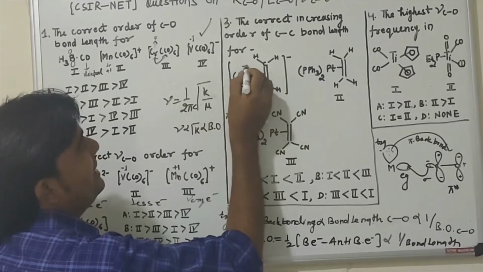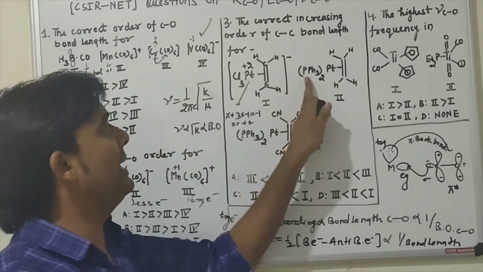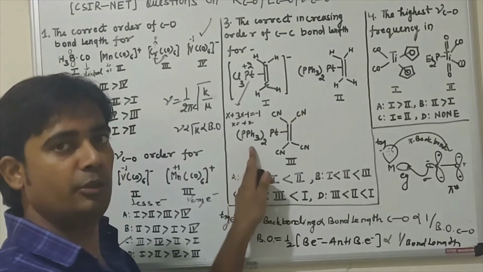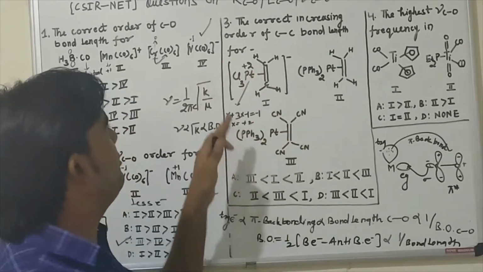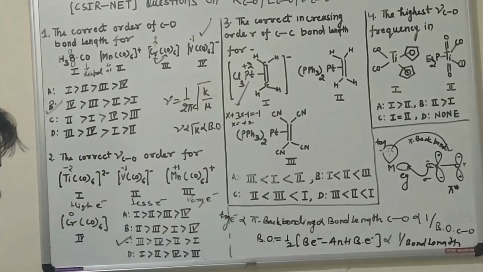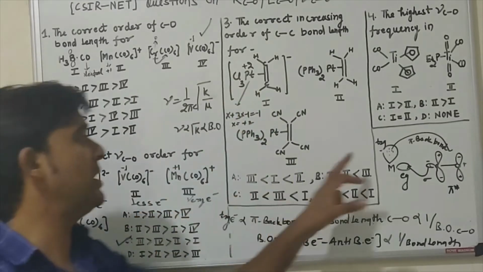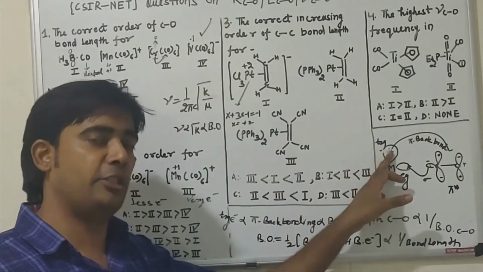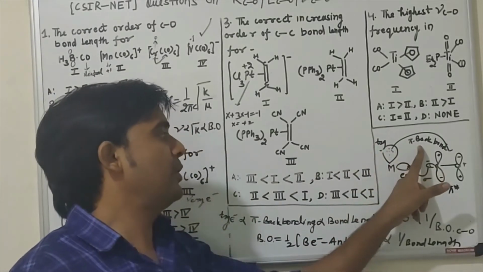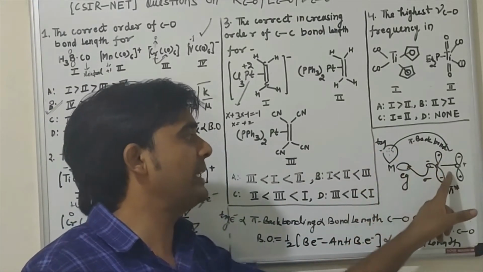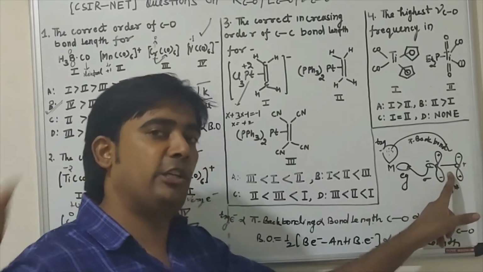So in this case it is the +2 oxidation state. The other ligands are neutral, so we need to calculate where the t2g electron density is high. It is +2, so there is not much electron density in the t2g orbital, so there is very poor pi back bonding, which means higher bond order and lower CO bond length.